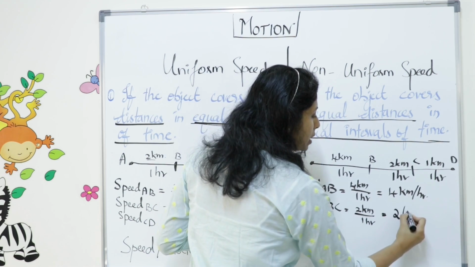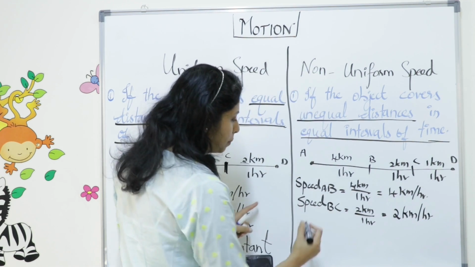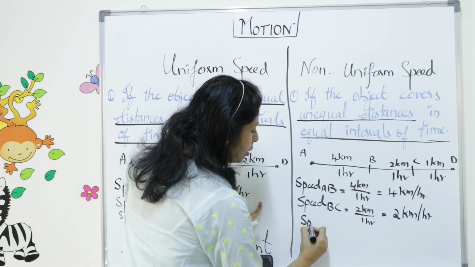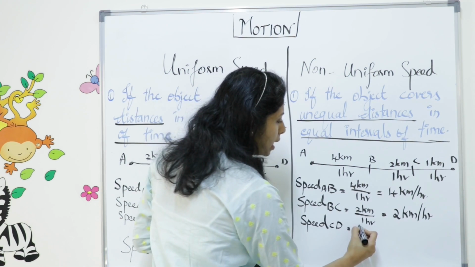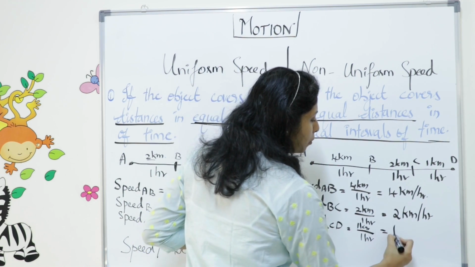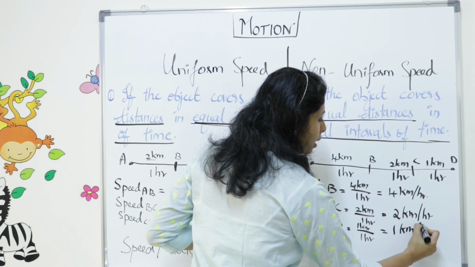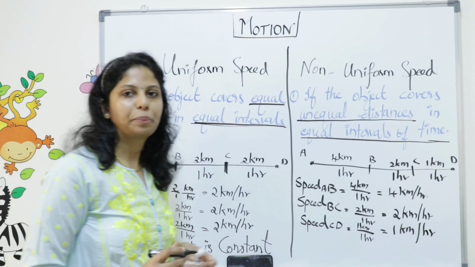Therefore, he travels at the speed of 2 kilometers per hour. And finally, the speed of an object traveling from the point C to D is 1 kilometer in 1 hour. Therefore, the speed the object has traveled is 1 kilometer per hour.